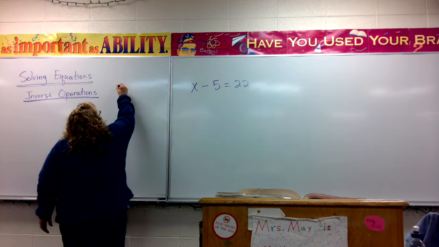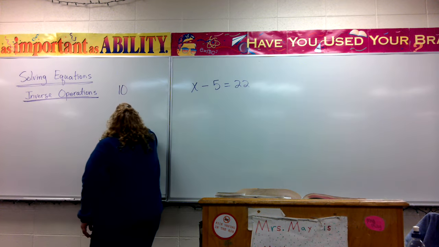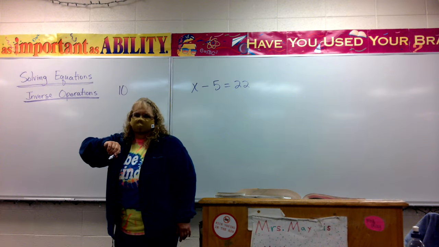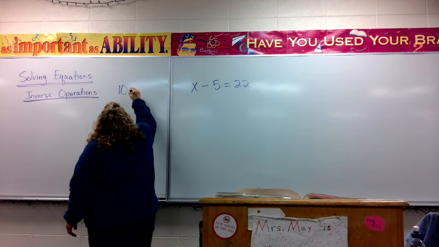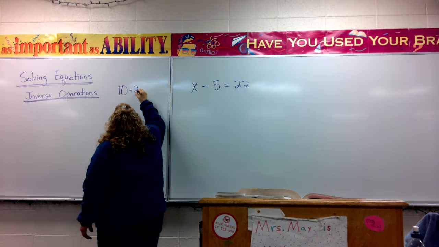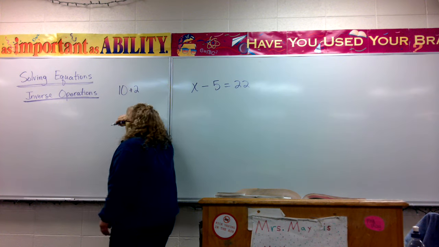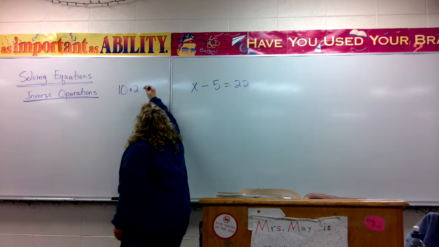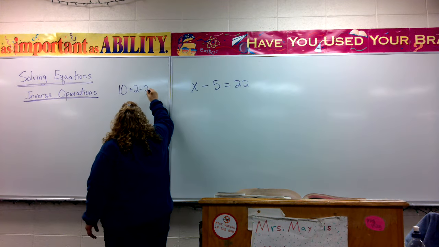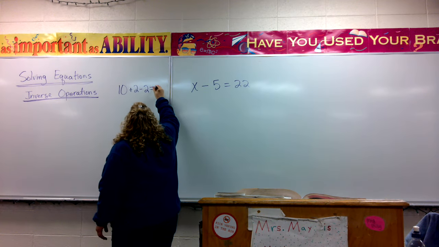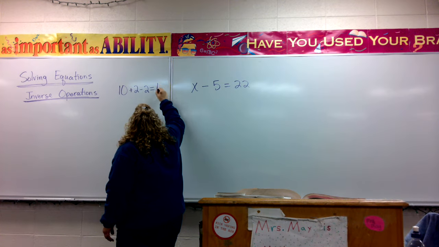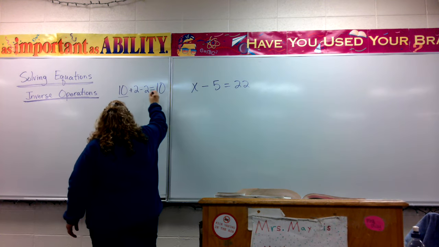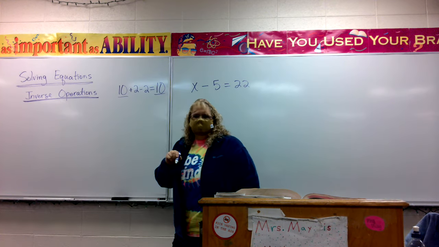So for instance, if I start with the number 10, if I add 2, what do I get? Right, good, yes, 12. And then if I subtract 2 again, what do I end up with? The same number I started with.